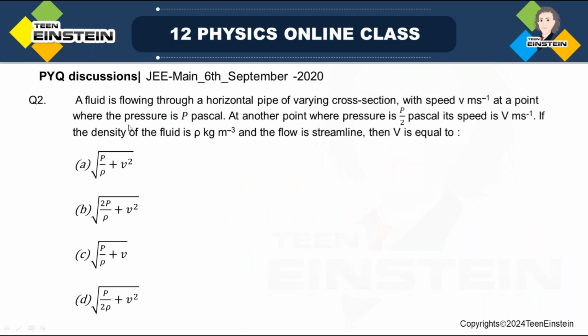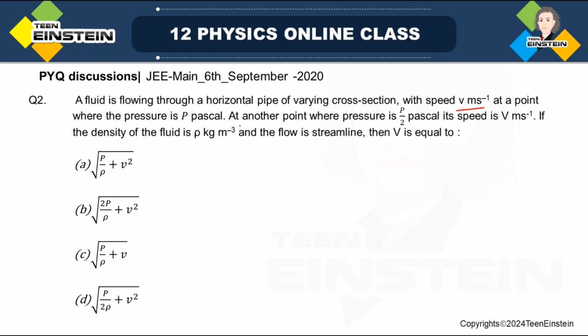All right, so this problem is from fluid mechanics, fluid dynamics. Let us read this problem. A fluid is flowing through a horizontal pipe of varying cross section with speed small v meter per second at a point where the pressure is P Pascal.